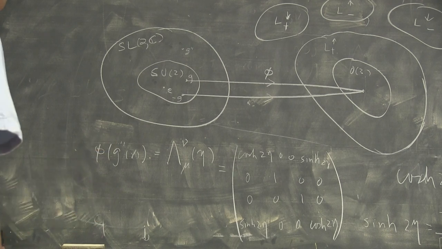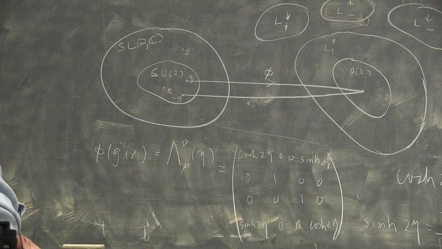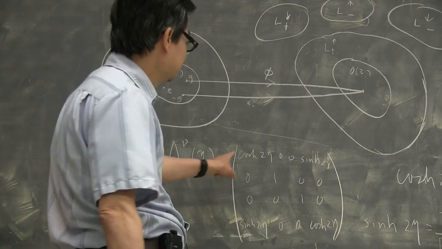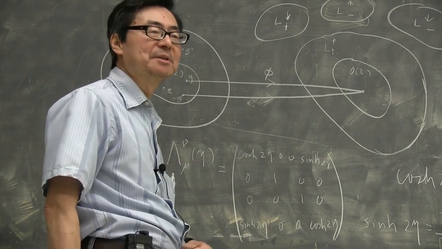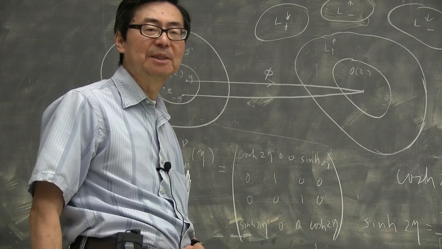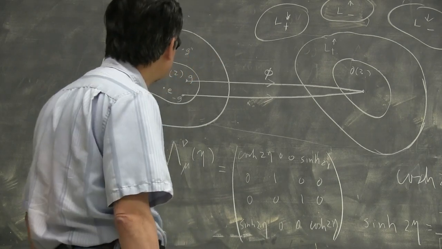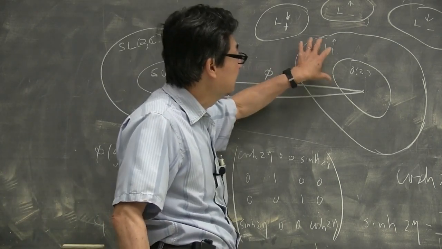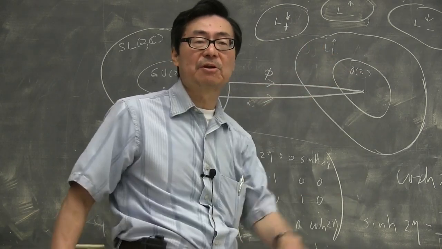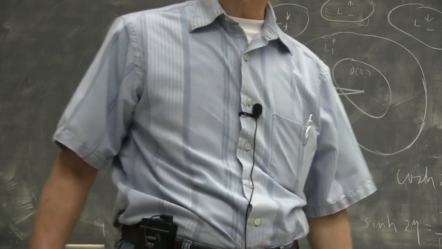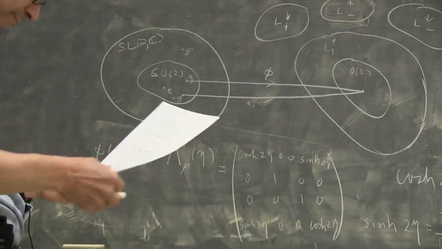You can calculate that the determinant is equal to +1, okay? And this 0 0 element is indeed larger than or equal to 1, so it belongs in here. It's a proper orthogonal subgroup. Okay.